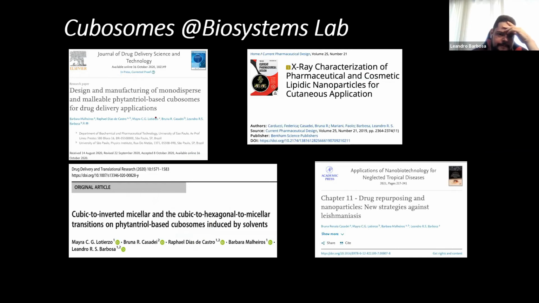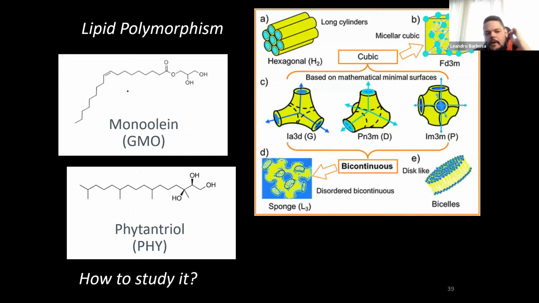The first one, we evidenced some very interesting physical chemical transition in the phase diagram of these cubosomes in the presence of organic solvents. And the second one, we see how soft those structures are, as I will show to you in a while.